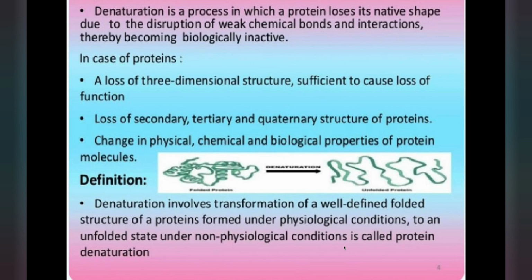But now after denaturation, what happens? Its native shape is lost due to the breaking of the chemical bonds, and now, as you can see on the right hand side in the figure, it becomes unfolded, and then the full change or transformation occurs. So that is an important process of proteins.